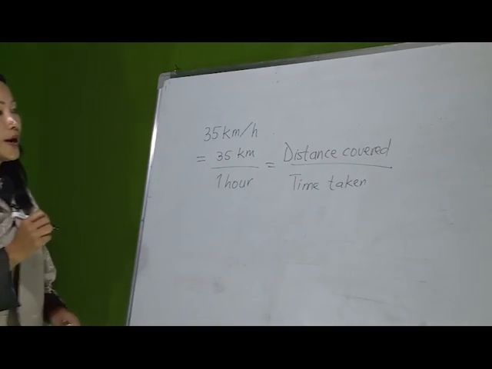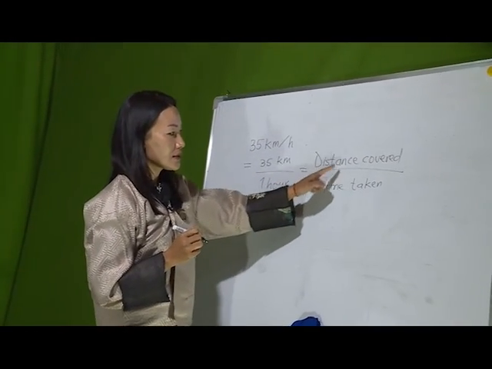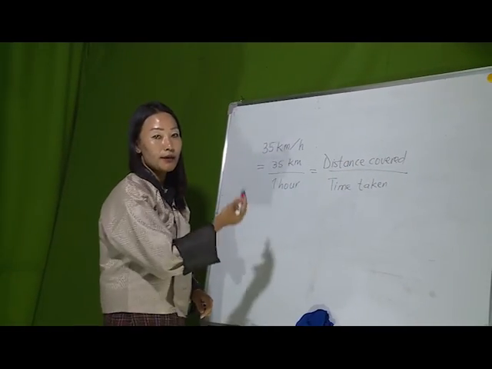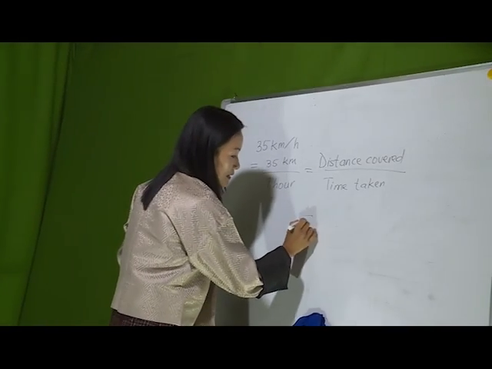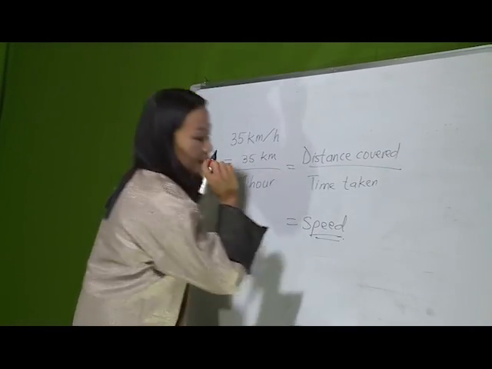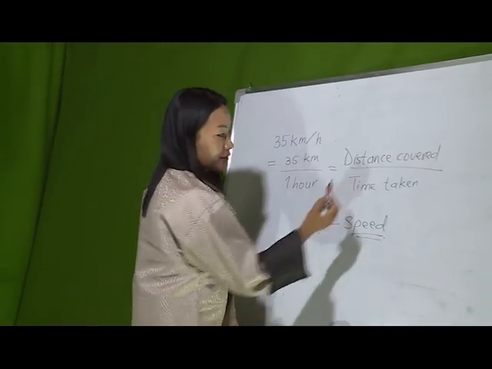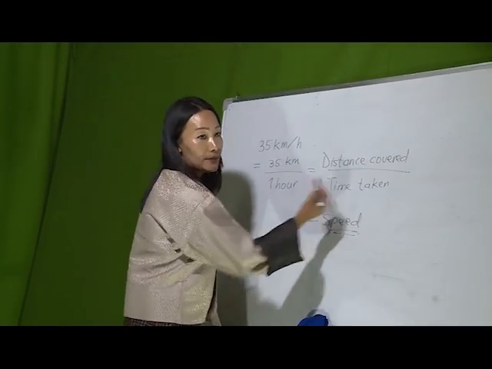So now our formula has broken down into distance covered divided by time taken, and this mathematically is known as speed. So what is speed? Speed is distance covered divided by time taken.